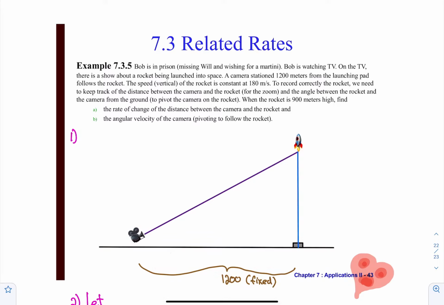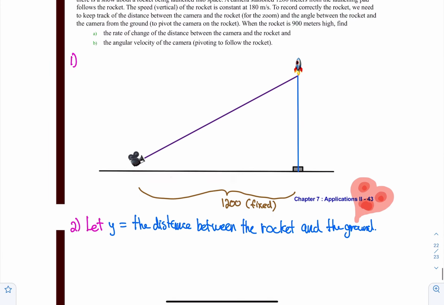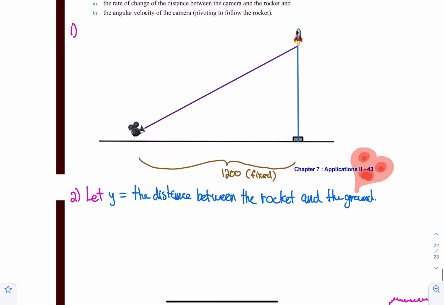As the rocket is traveling upward vertically, the distance between the rocket and the ground will change, and of course the distance between the rocket and the camera will also change. So we need variables for those two things. Those are the easier variables to work with. Let y be the distance between the rocket and the ground.